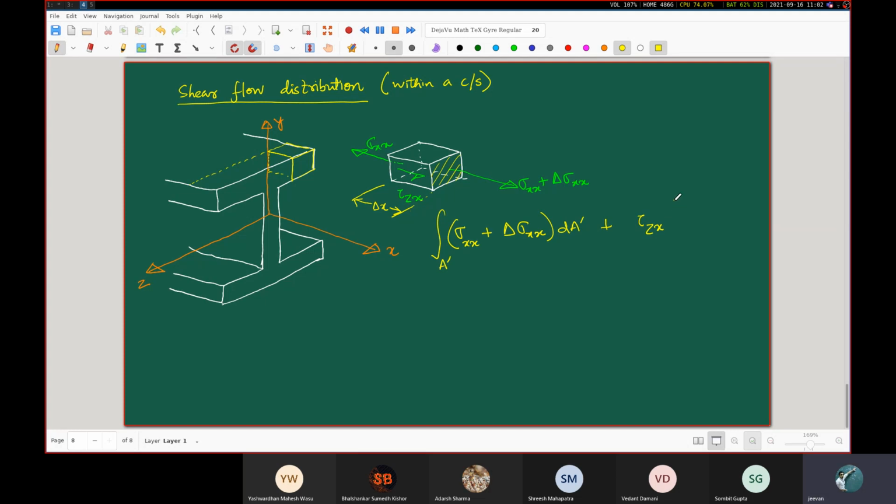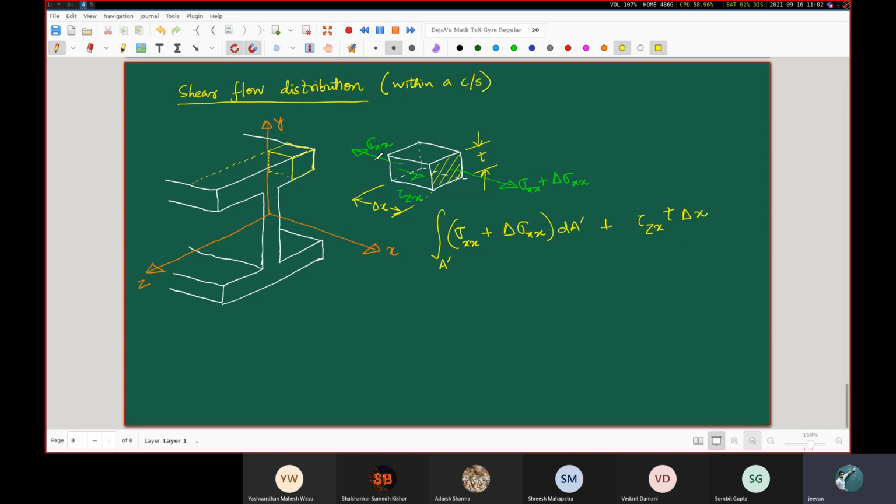If this thickness here is T, then we are talking about T into delta x.